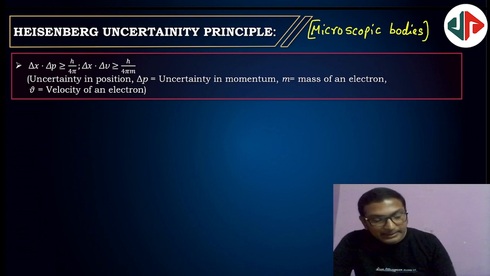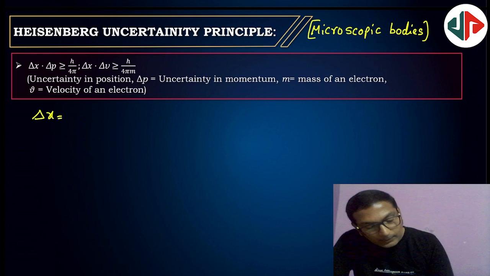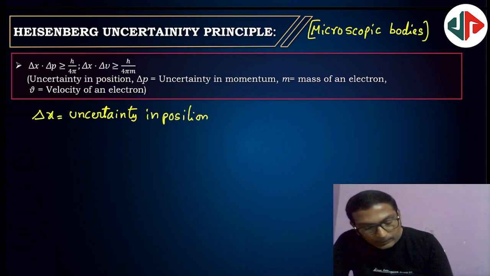So delta X, uncertainty in position. Next, delta P, uncertainty in momentum.